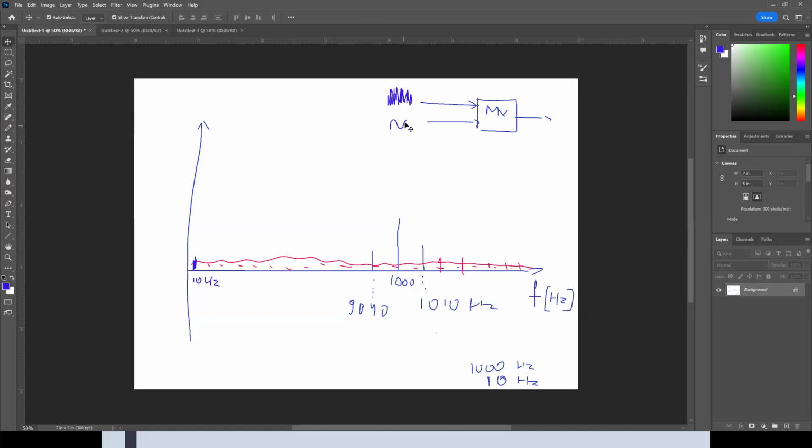And if this was a pure sine wave, with maybe some harmonics, because we will have harmonics of this high frequency, we will also have some harmonics of that frequency.